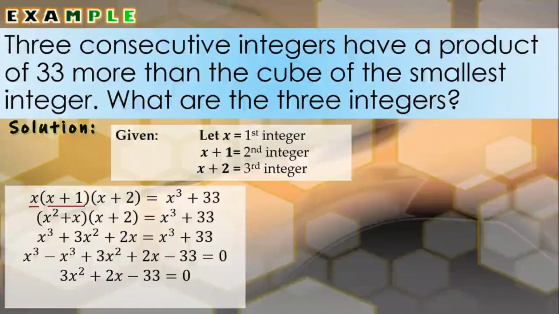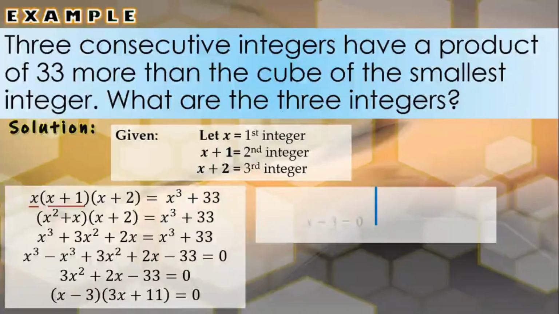And that would become 3x squared plus 2x minus 33 is equal to 0. And if we will factor that trinomial, then that would become x minus 3 times 3x plus 11 is equal to 0.